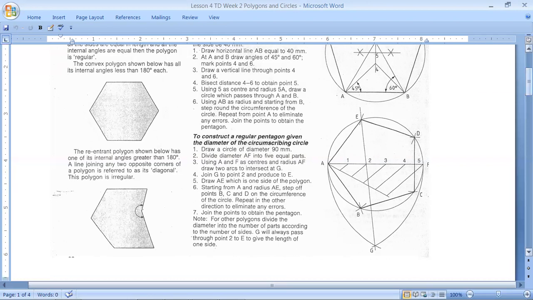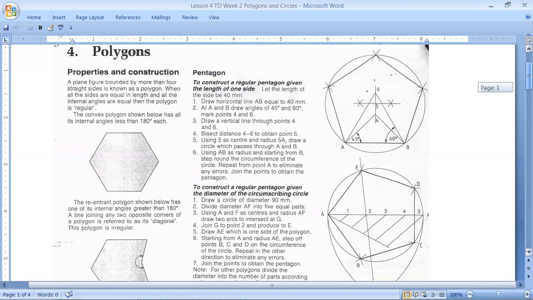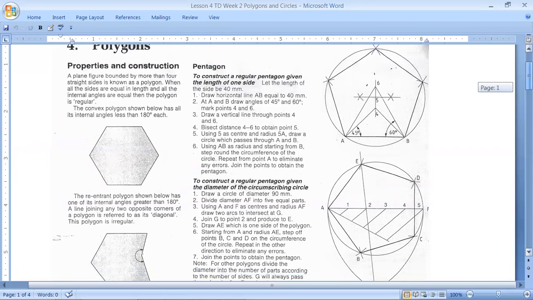To construct the polygon, we're going to be looking at 2 main methods, apart from many other methods that might be posted on the media and different types of platforms. But we're going to concentrate on method 1 and method 2 for any number of sides of a polygon.